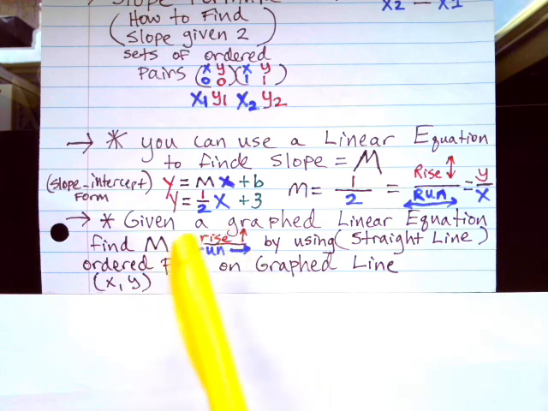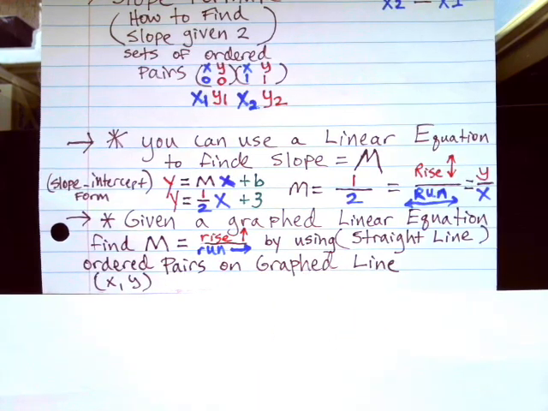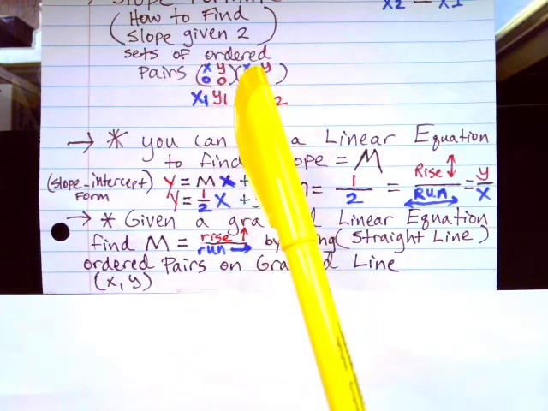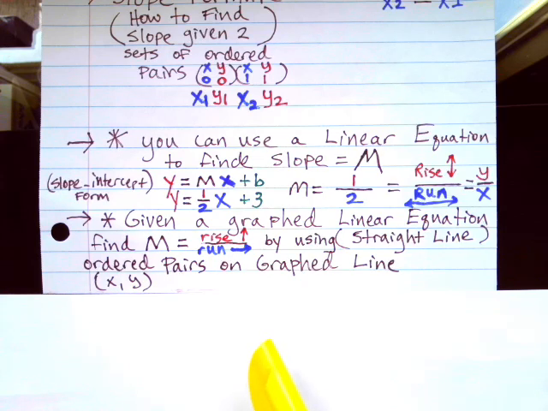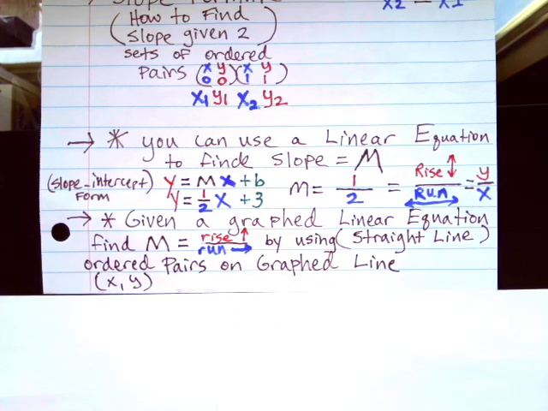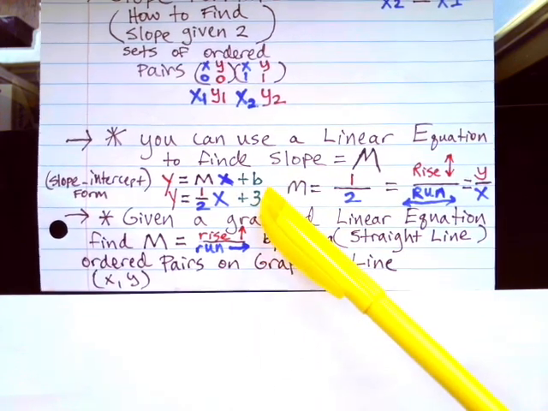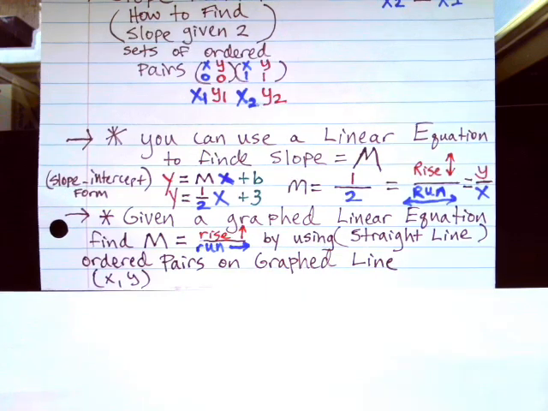Find m, your rise over run slope, by using ordered pairs on a graphed line. As you can see up here, you can use your ordered pairs to determine a slope given more than one. Your y-intercept is where the graphed line crosses the y-axis at 0 for x, and in this case, positive 3 for y.